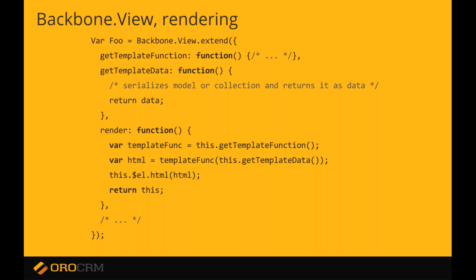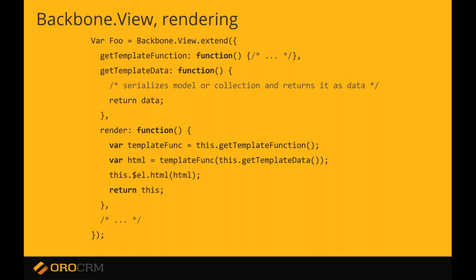So we need to define a render method, and the render method typically looks the same. First we need to define a template function, then we have to template it with some data and get HTML, and after that we have to put the HTML inside the element. So the render function in most cases looks the same.